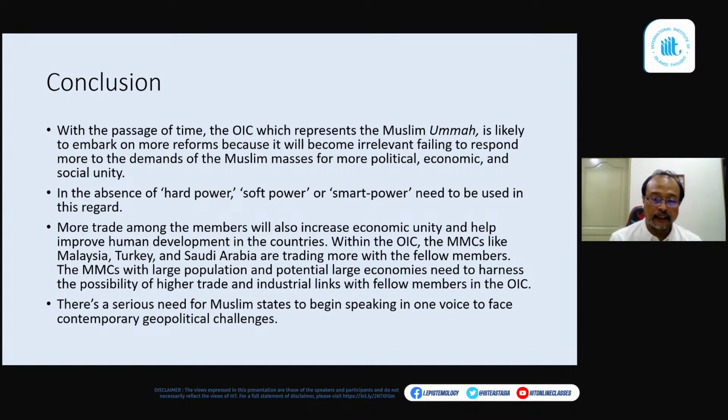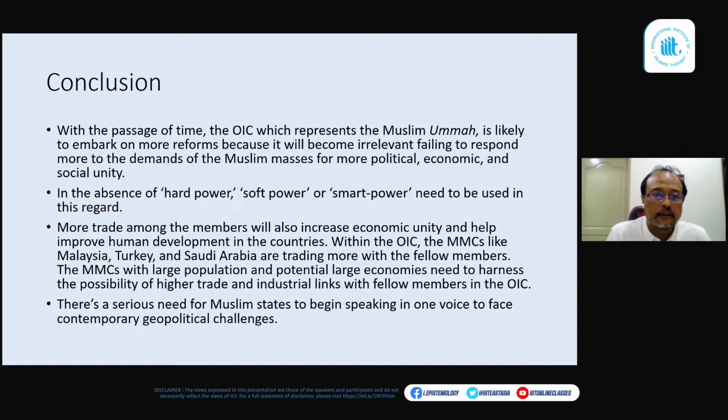We can export the Islamic culture, the culture of peace, not only among Muslim countries but also outside them, and also use what some scholars call smart power, meaning the mix between hard and soft, and also the power of current technology.